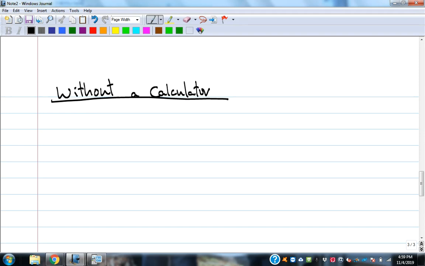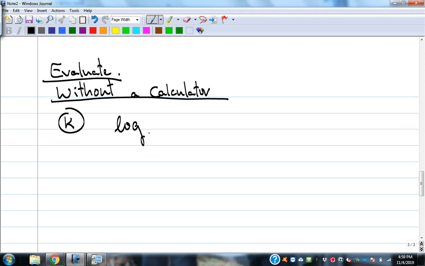I'm just saying it will help you as we build up the rest of chapter 6 if you try to do some of this without the calculator. Not saying you can't check it with the calculator. I absolutely would encourage you to do that, especially for quizzes and tests. But if you make your brain work at this a little bit, it'll speed you up when we go to do the other stuff later on with logarithmic equations and things like that. So let's evaluate this without a calculator.